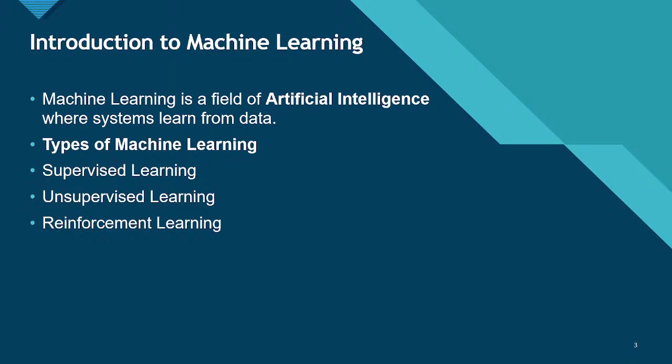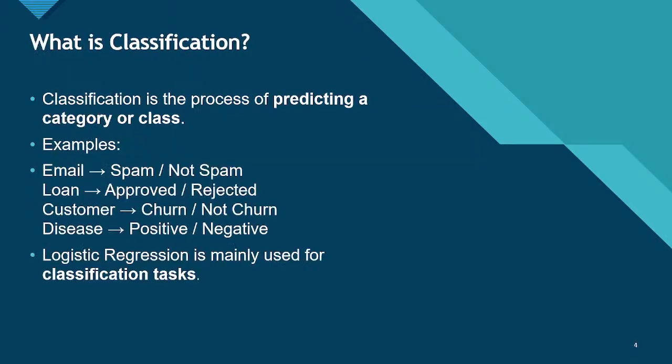As a simple closing line for these slides: overall, machine learning systems learn from data, and depending on how the data is structured, we have supervised learning, unsupervised learning, and reinforcement learning. In this session, we will mainly focus on logistic regression, which is supervised learning and is used for classification problems. What is classification?